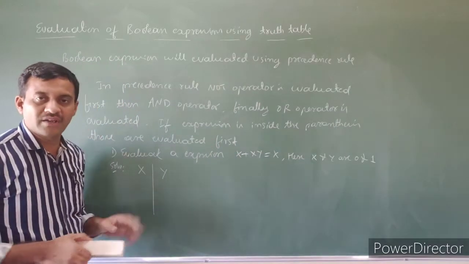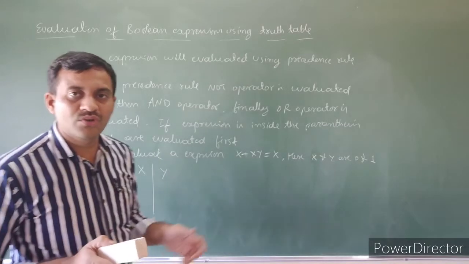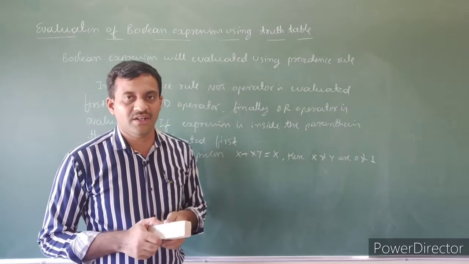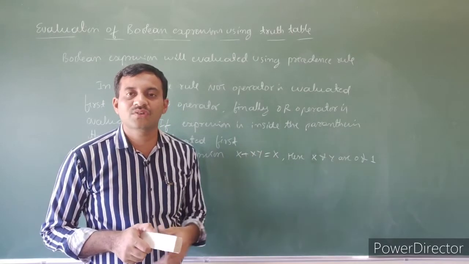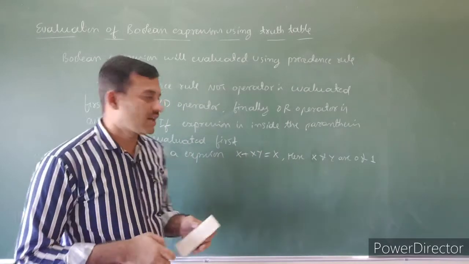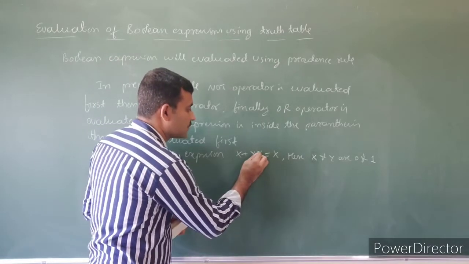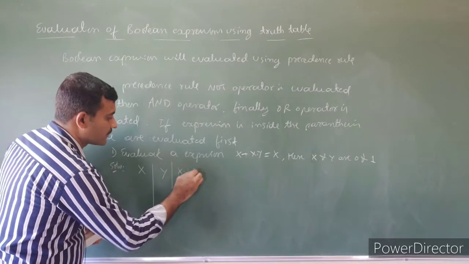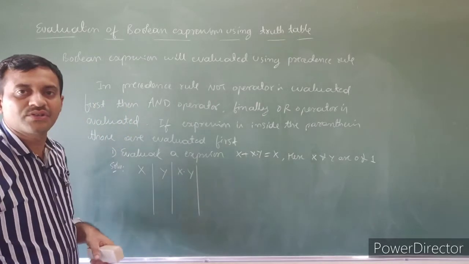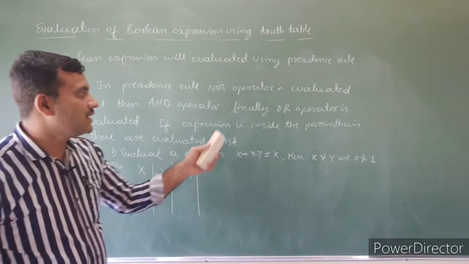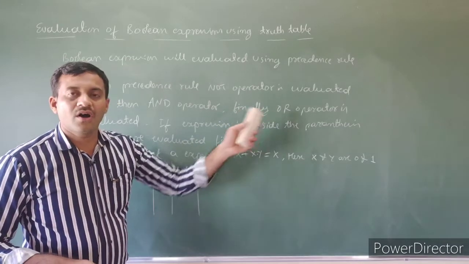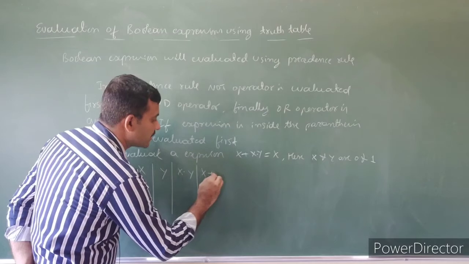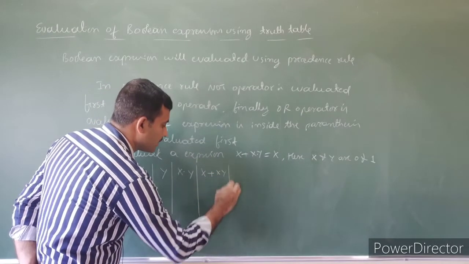The first priority goes to the NOT operator, but in the given expression there is no NOT operator. Then the second priority goes to the AND operator. Here there is an AND, x into y. In the next column, write x into y. Then finally we have to evaluate the OR operation, that is x plus x into y.